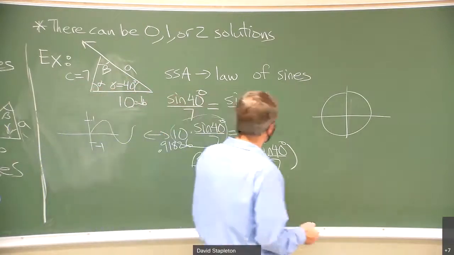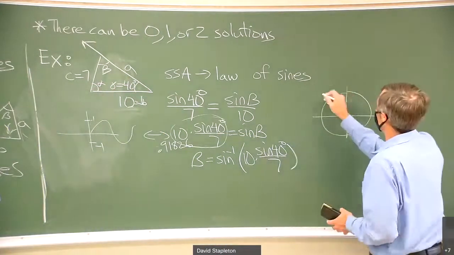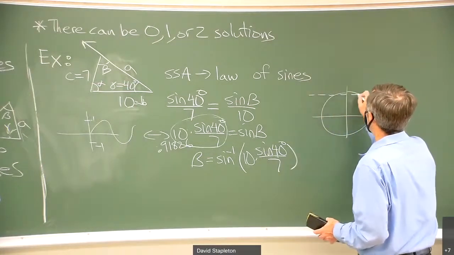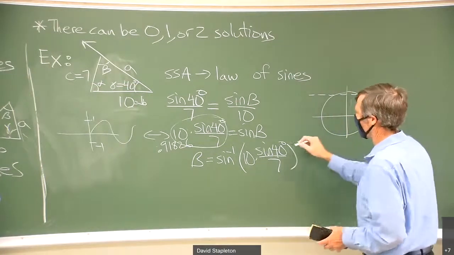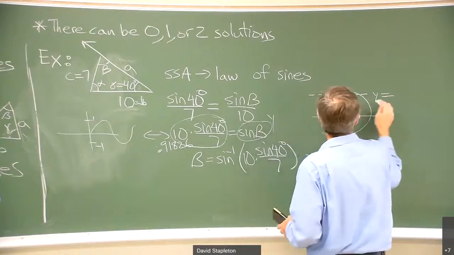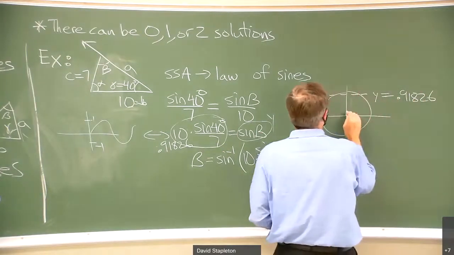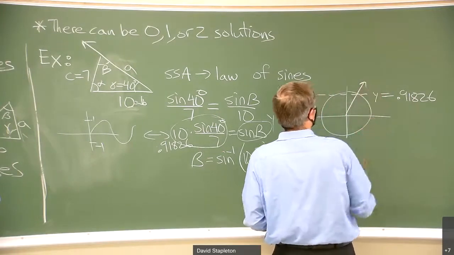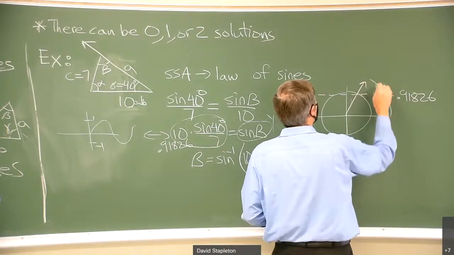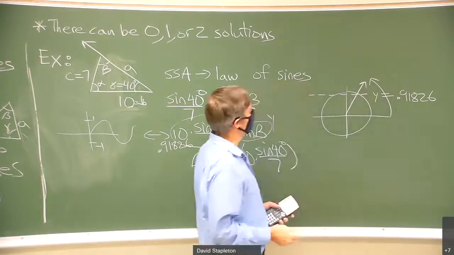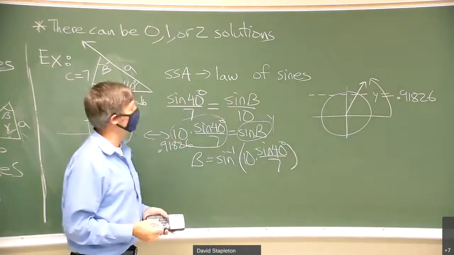Not equal, but between them. So here's what I have: a line, y, this is the y coordinate, equals 0.91826, and one angle right here. What angle is that? It goes to y equals 0.91826.